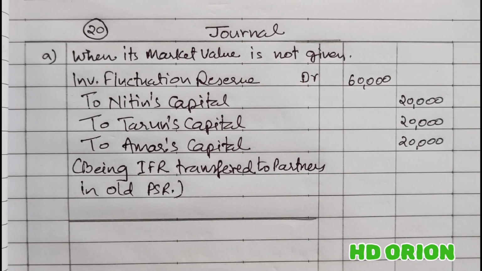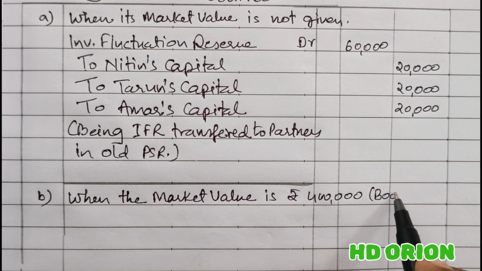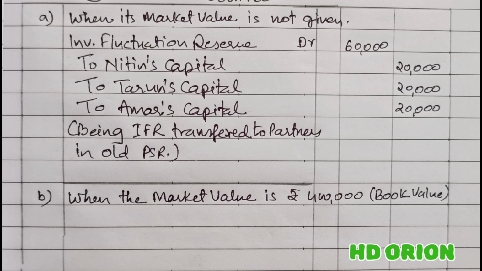So this is the journal entry for case A. Now, case B says when the market value is rupees 4 lakh, which is nothing but the book value itself. It means there is no increase or decrease in the value of investment in the market.